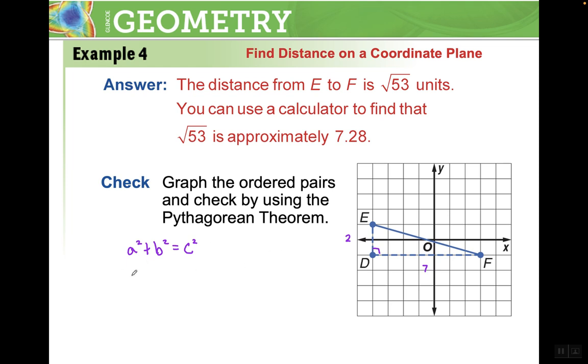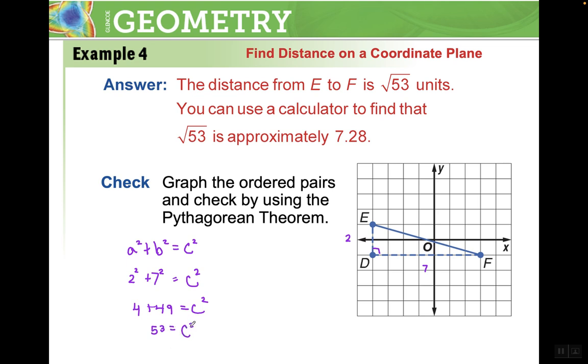So you have 2 squared plus 7 squared equals c squared. And that's what you're finding, that distance there. Well, this is 4 plus 49 equals c squared, which is 53 equals c squared.